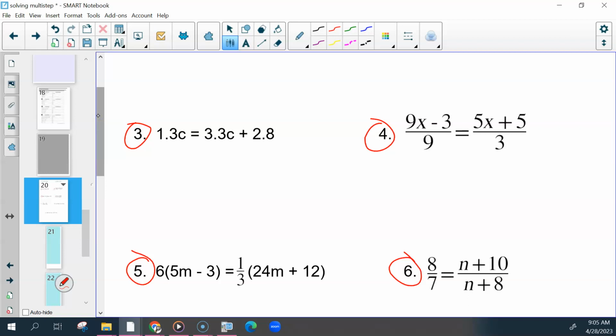Okay. So let's start with 3. When you have variables on both sides, your goal is to get them on the same side and all the numbers, the constants, on the other. So how could we move this 3.3 to be on the same side? How would we move this over? Subtract it.